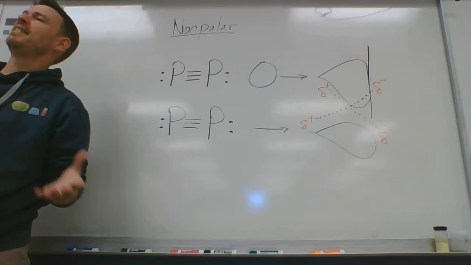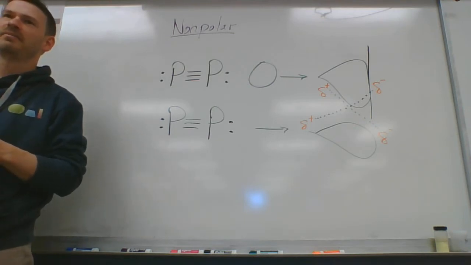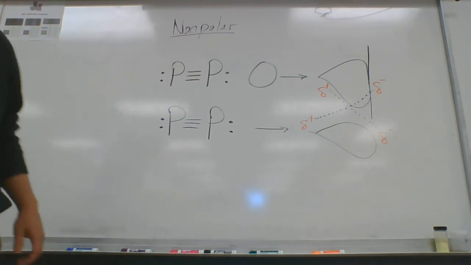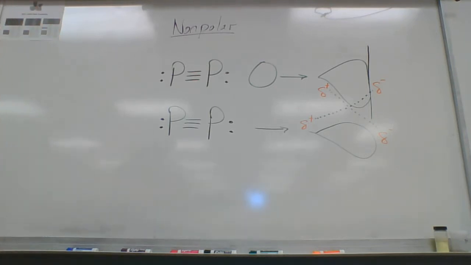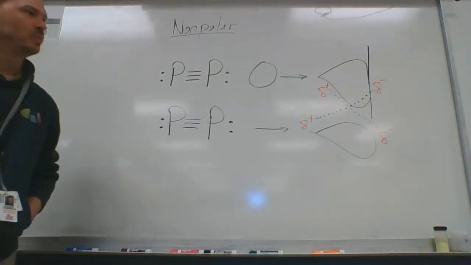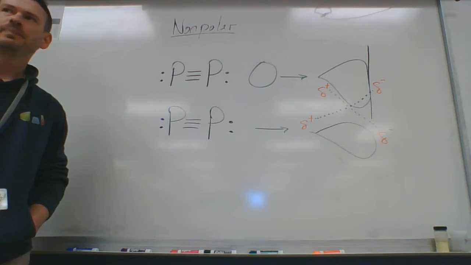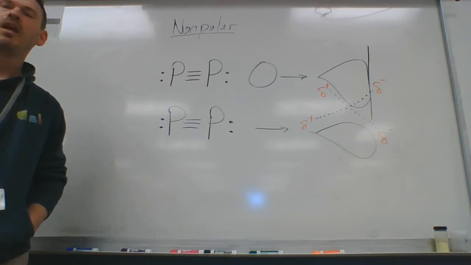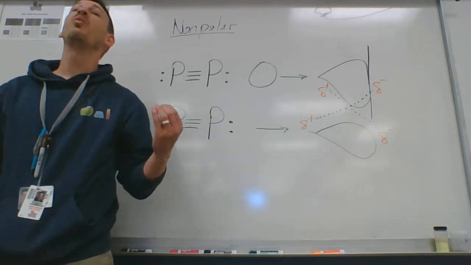This entire idea is called London dispersion. Of the three IMFs we're going to cover today, this is the weakest.